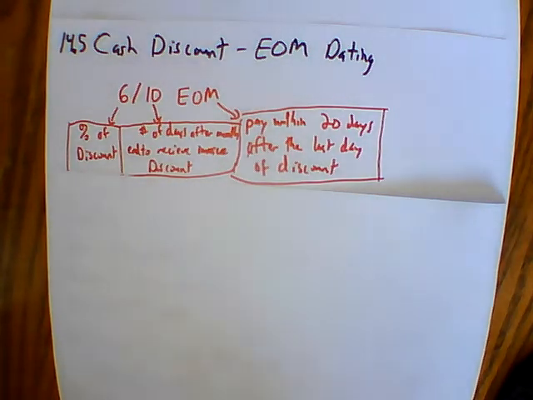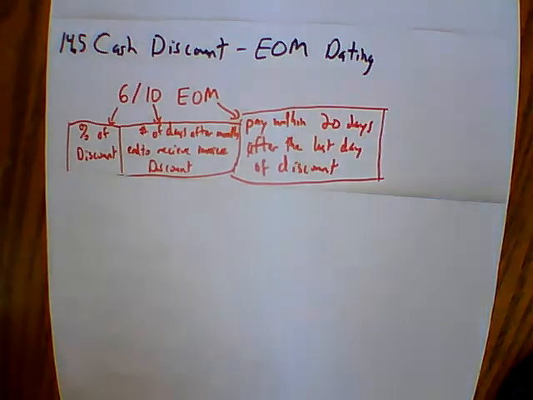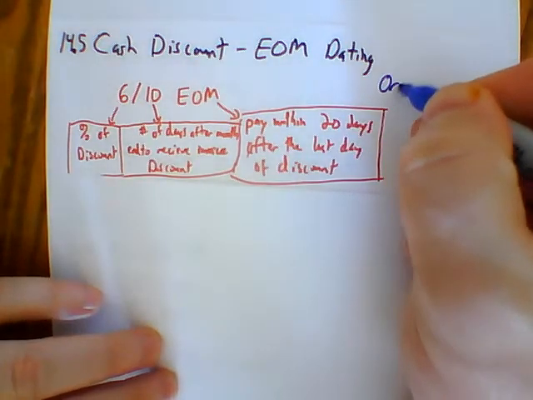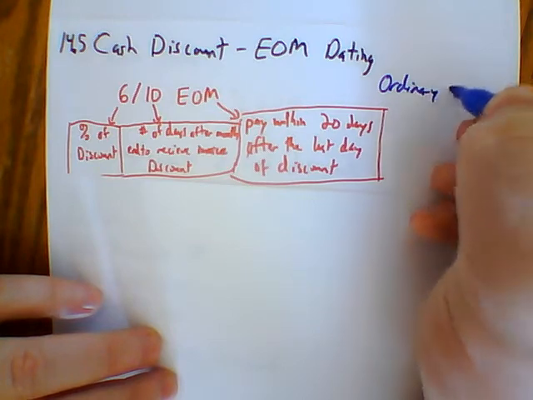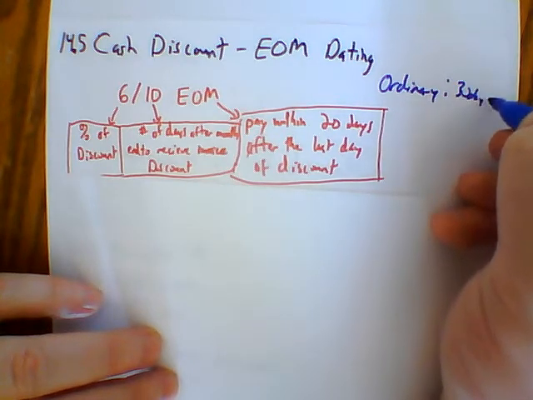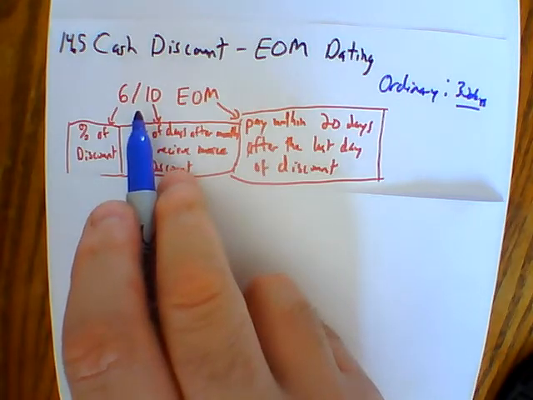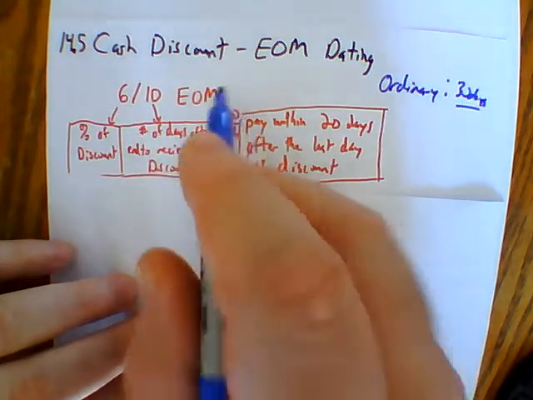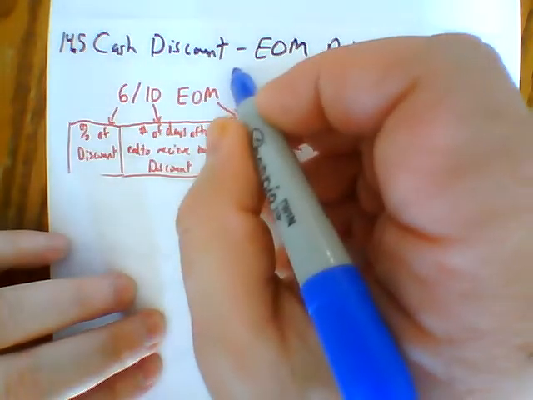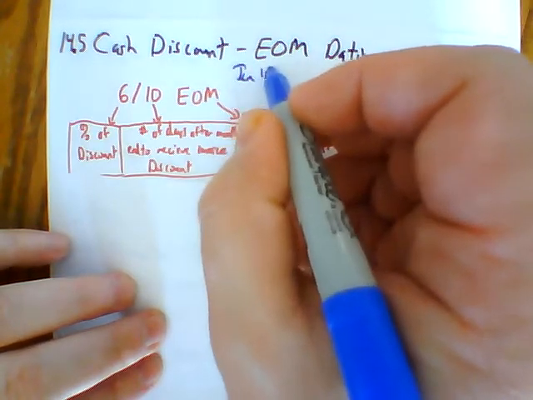On that ordinary dating, you might have 30 days to pay. Here, if you buy this in the middle of one month, you get the 15 days. Let's say we're on January 15th.